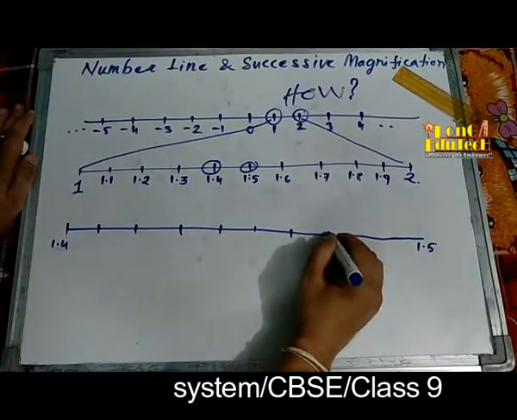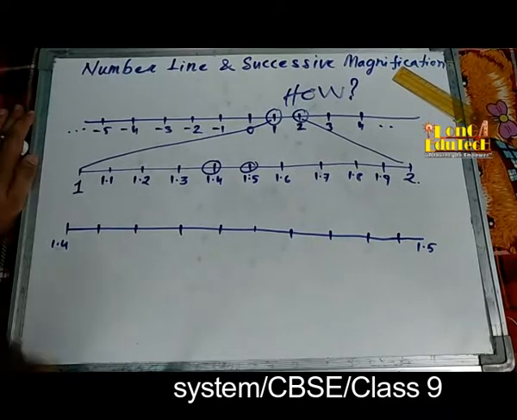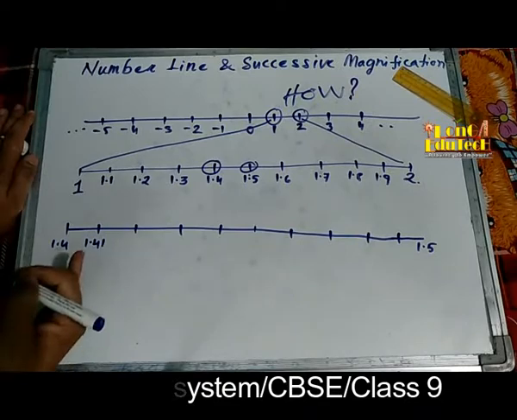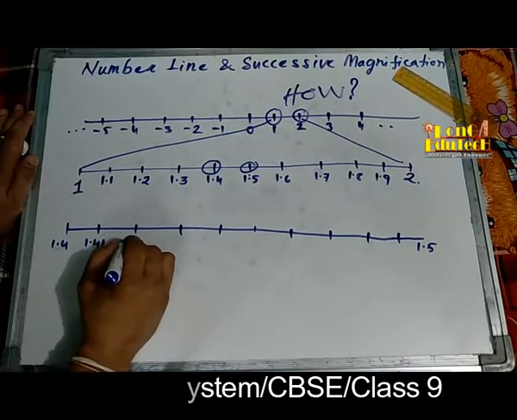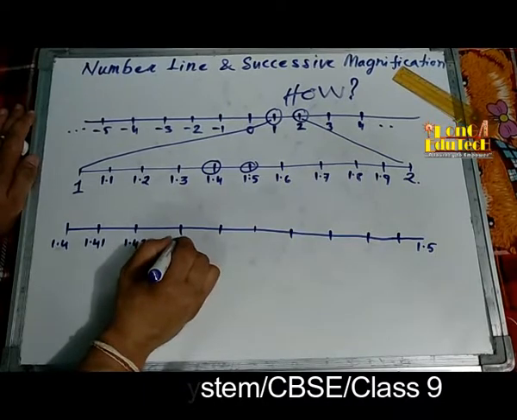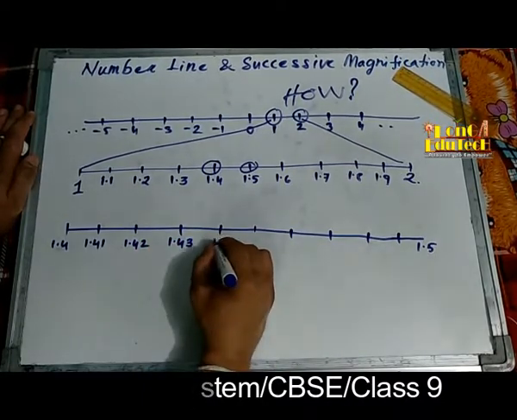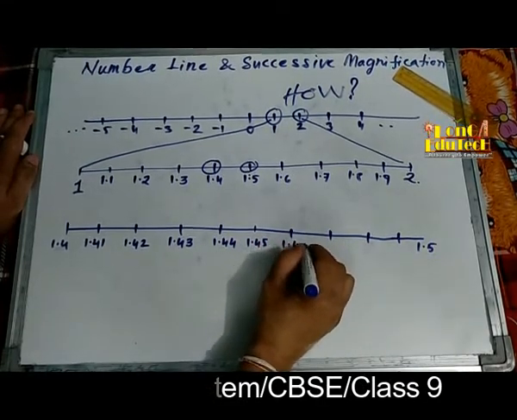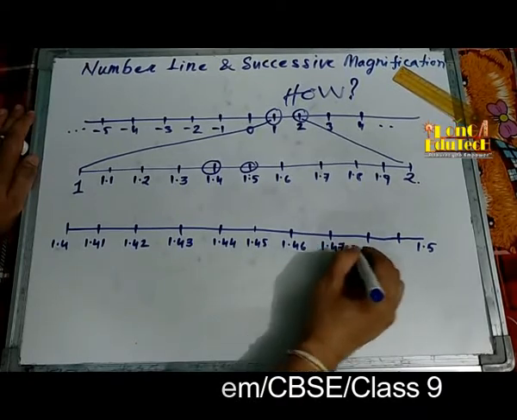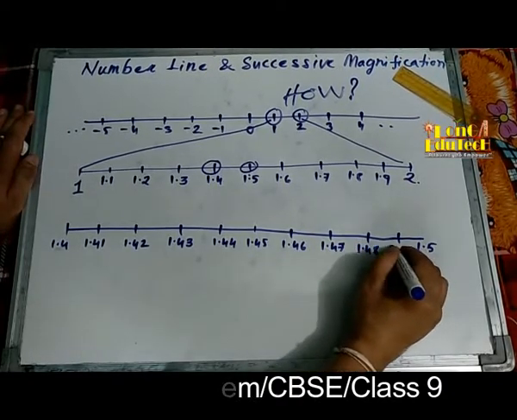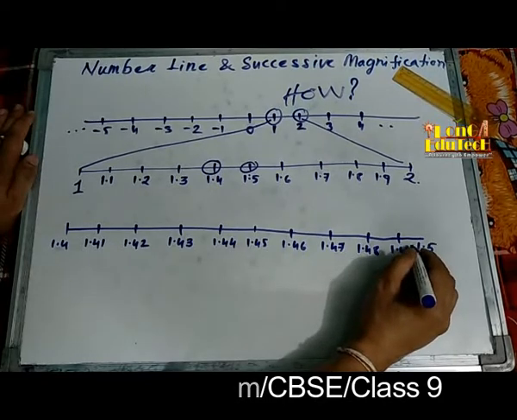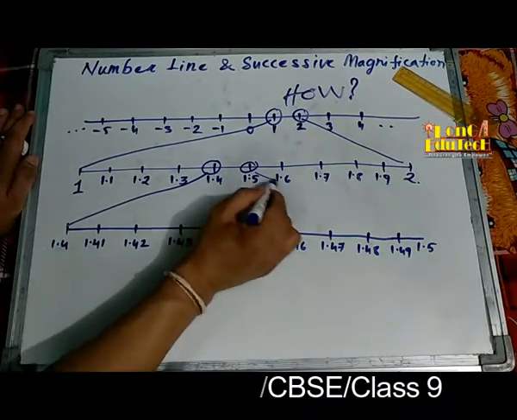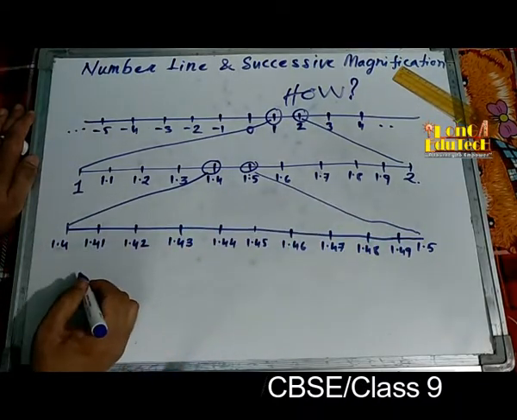Here will come 1.41, 1.42, 1.43, 1.44, 1.45, 1.46, 1.47, 1.48 and 1.49. After 9 it comes to 1.5, as you know. This is called the successive magnification.